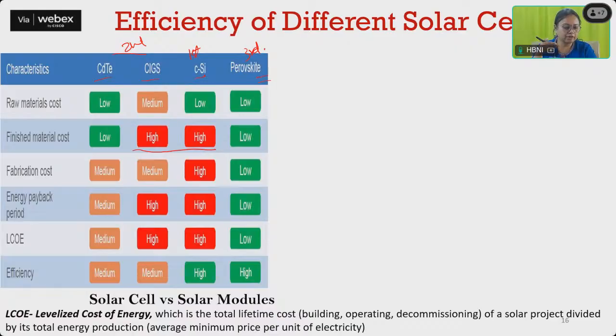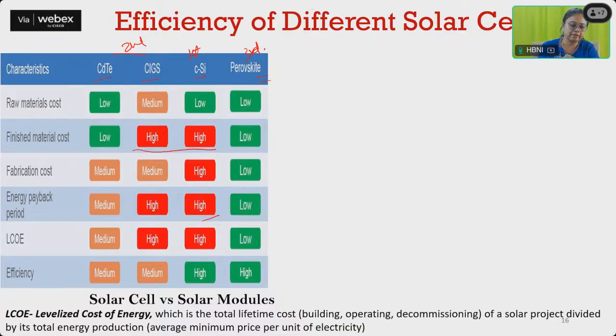Then we have got energy payback period. Energy payback period means, whatever energy cost we have put in for making it, and when we start getting energy, what is the time? Because the initial cost of single crystal silicon was very high, the energy payback period is also high.